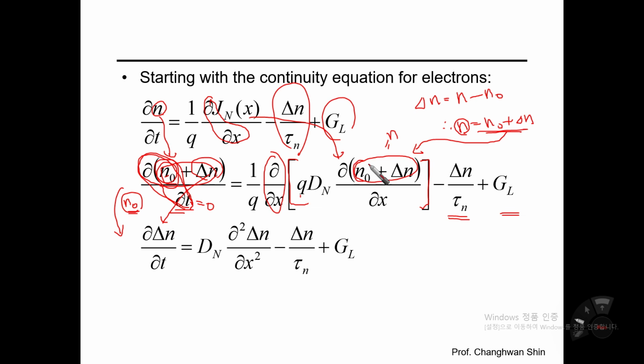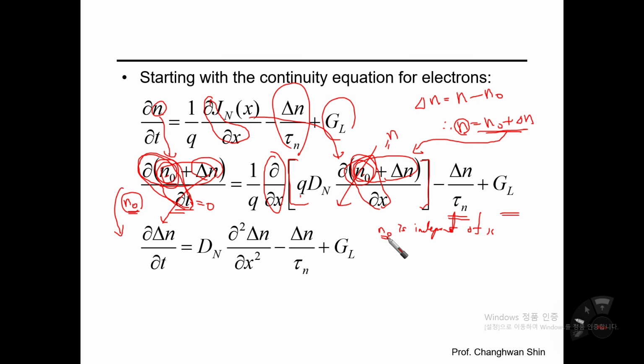Same here. n naught can be removed because it cannot vary over time. And here, the reason I have removed n naught is that it is independent of x.